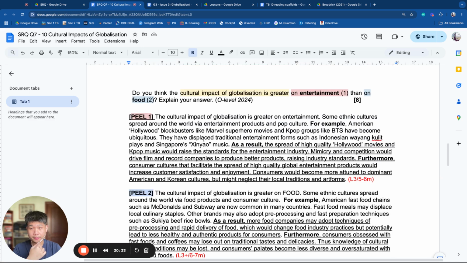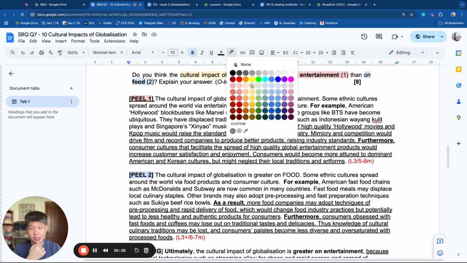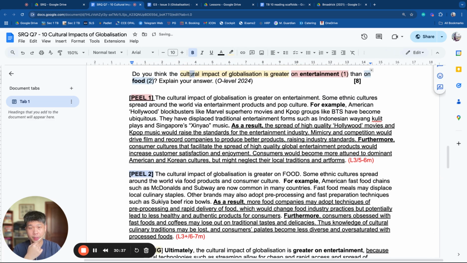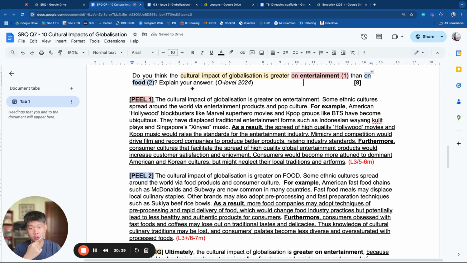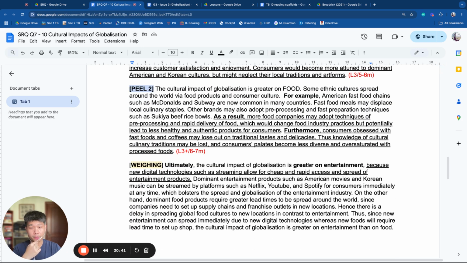And this is my weighing paragraph to finally decide, is the cultural impact greater on entertainment or on food? And in my weighing here, I decided it will be entertainment. And again, this is one strategy to compare two sides and say one side is a stronger factor. That's one strategy. This is the stronger factor strategy. The other strategy is the balanced conclusion strategy, where I say both are equally strong.